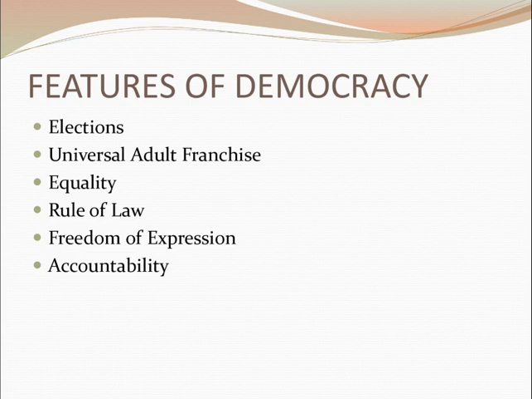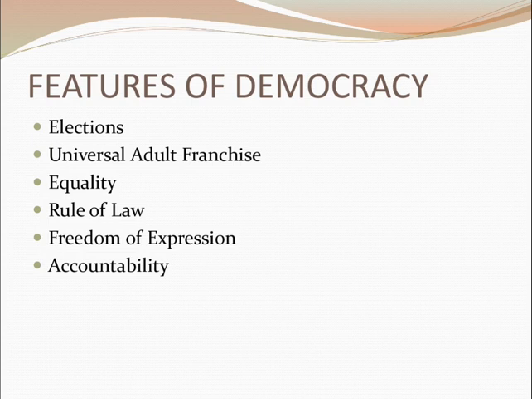Now let us study how elections work in the democracy. I will tell one small story that a school elects a school captain. Three candidates stand for the election. One girl is Asha, another candidate is Rahul, and another candidate is Meena.